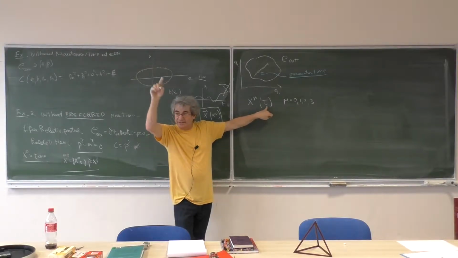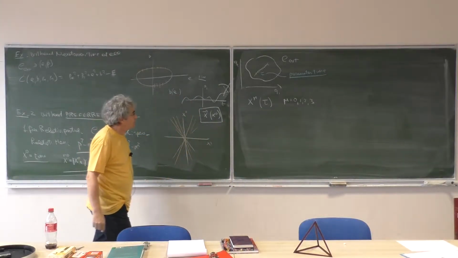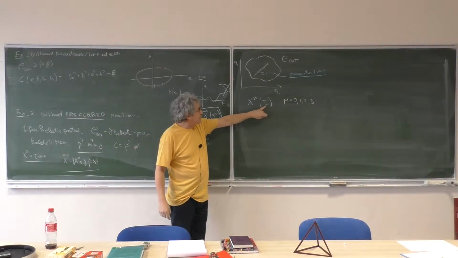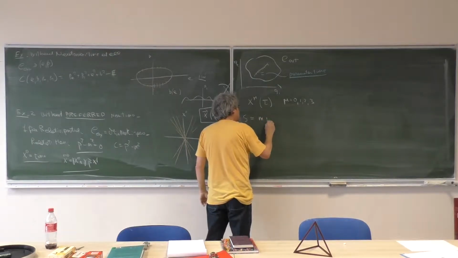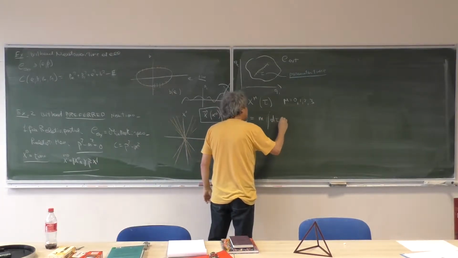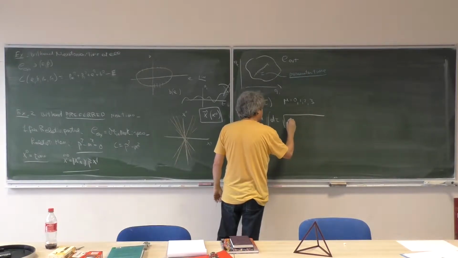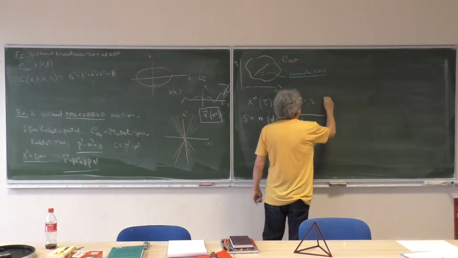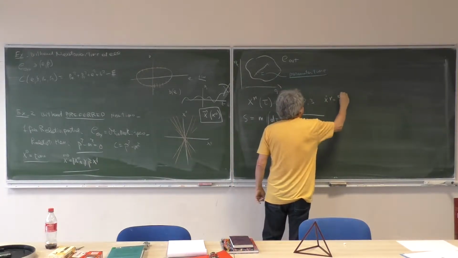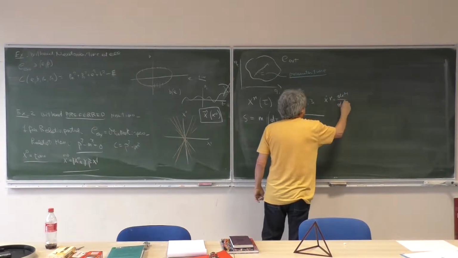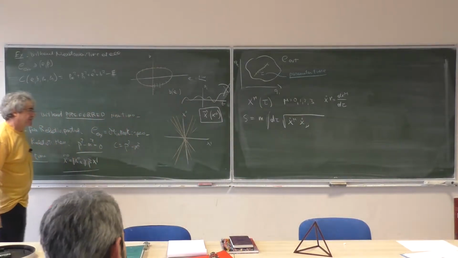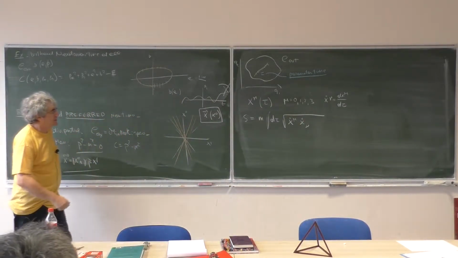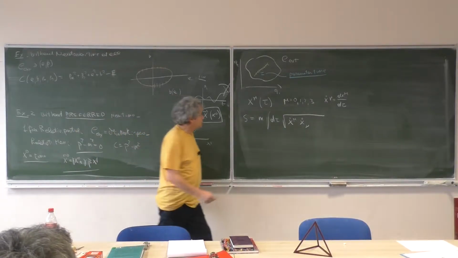And we can write an action for an evolution in tau of this thing here, and you know the action is m, the integral in d tau, square root of x dot mu x dot nu, where x dot mu is just the derivative dx mu over d tau, and indices are lowered and raised with the Minkowski metric.